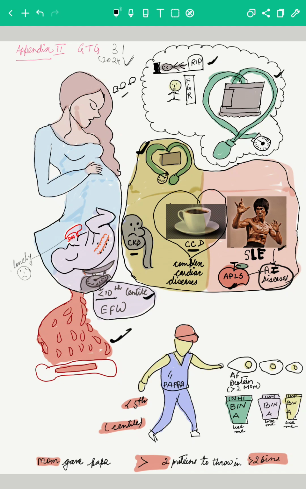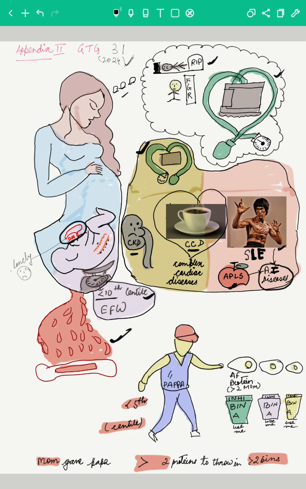And the small little lonely umbilical artery over here, that is a single umbilical artery. Of course, it's lonely, so it will show its presence, and it will express itself as fetal growth restriction. So, again, single umbilical artery is a major, that is a high risk factor for fetal growth restriction.